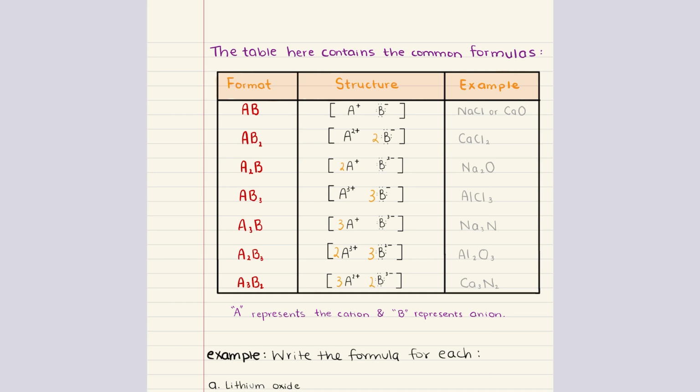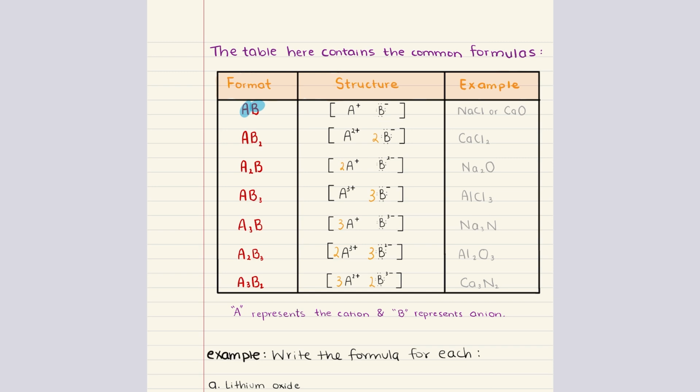Now that we understand the importance of charge balancing in ionic compounds, we can take a look at some common patterns that frequently appear in chemical formulas. The table here summarizes these trends by showing the typical ratios of cations to anions based on their charges. In this table, A represents the cation and B represents the anion. And the format here shows how many of each ion are needed to balance the charges and create a neutral compound.